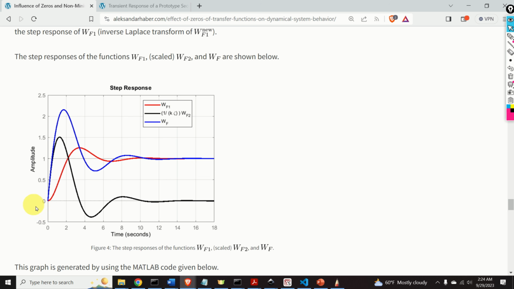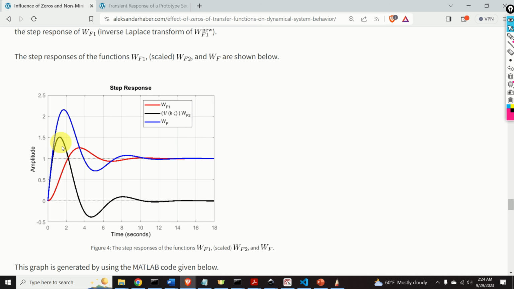And we can see a relatively smooth response. On the other hand, the black line is the step response of this transfer function. This transfer function contains a zero at 0, and we can see this huge overshoot over here. This overshoot is actually due to the derivative action.